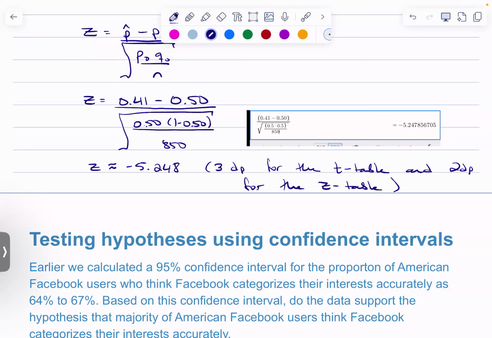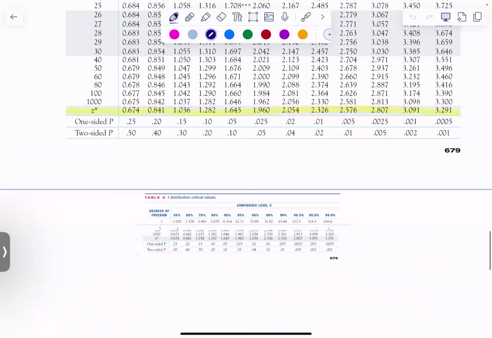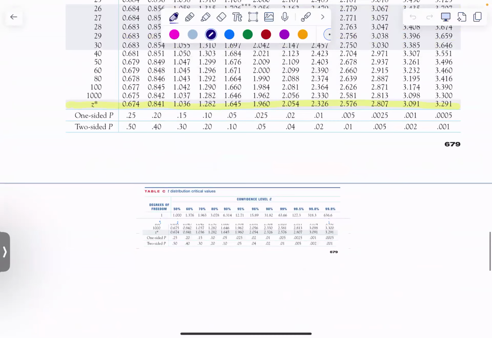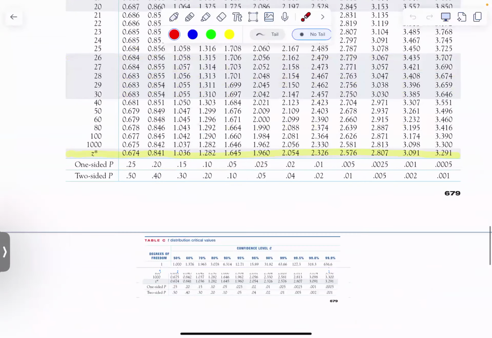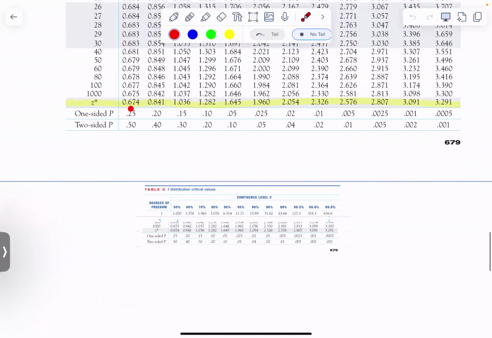Why the discrepancy? Well, we know 2 decimal places for our Z table because our Z table only goes to 2 decimal places, right? Whereas if we go to our T table, right down here, these are all 3 decimal places.